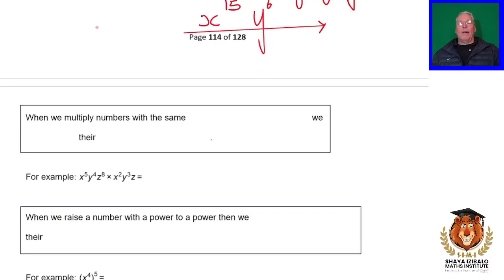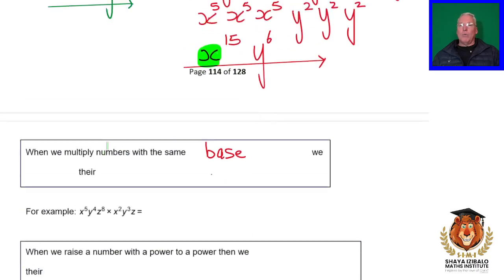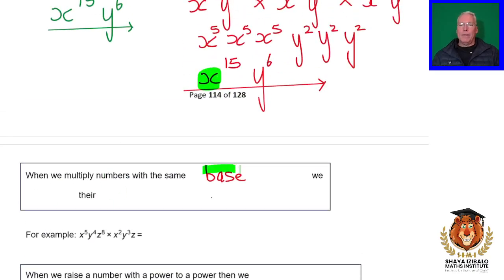Right, so let's write a little note for ourselves here. When we multiply numbers with the same base, all right, the base is this bottom number here, the same base, that's the base, we add their exponents.